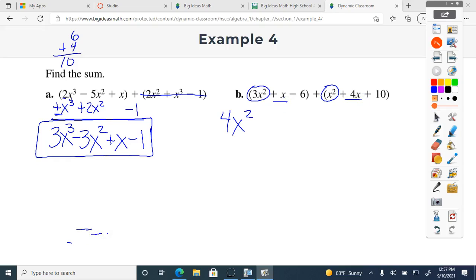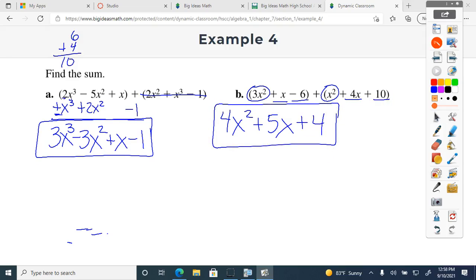How many x's? 5 plus 5x. Negative 6 plus 10 is positive 4. And I can't add these x's together because they don't have the same degree. Everybody understand that?